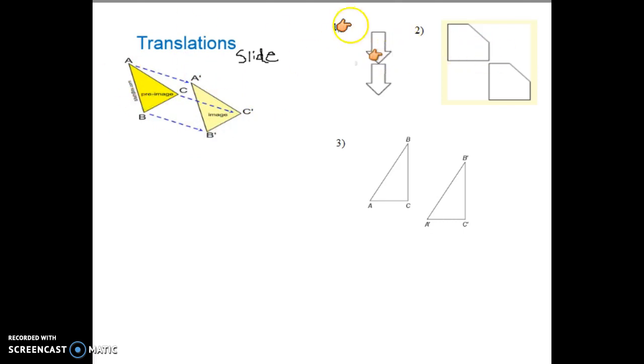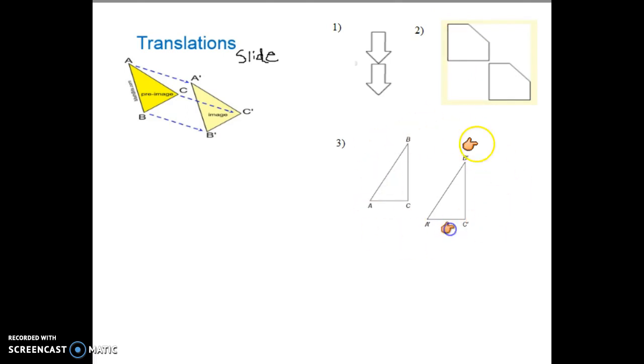So here's some examples. You can see this arrow is simply slid down. The arrow is still in the same direction, so that is a translation. Here we've got these two figures. Notice that this part is still upright, so we have simply slid that. We've gone down and over.